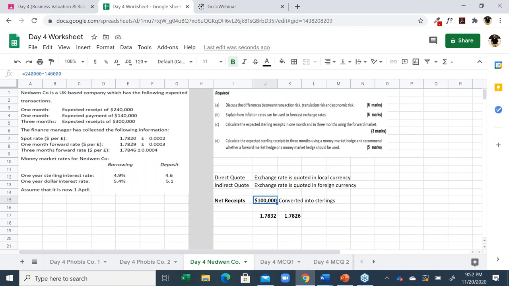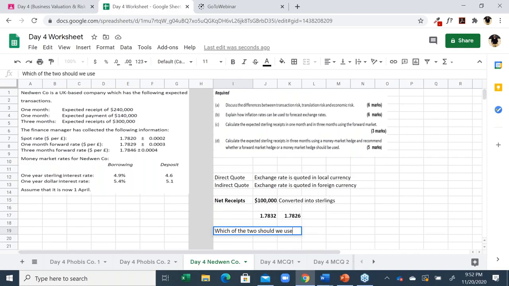Now, when we convert it into pound sterling, basically we will be giving these $100,000 to the bank, and against these $100,000 we will be getting the local currency, that is pound sterling. But we have got two rates, this one and this one. Which one are we going to use?